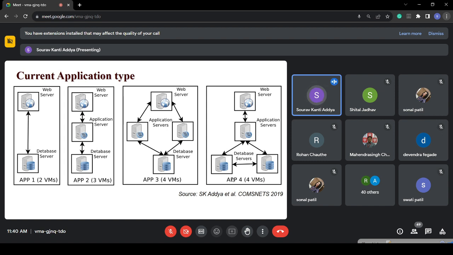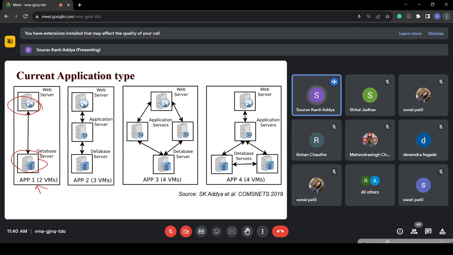Now, if you see the current market trend or current application type, the applications are multi-tier in nature. So the moment I say it is multi-tier in nature, that means more than one server is required to host one application. For example, here we have application 1, which needs 2 servers, one web server and one database server.